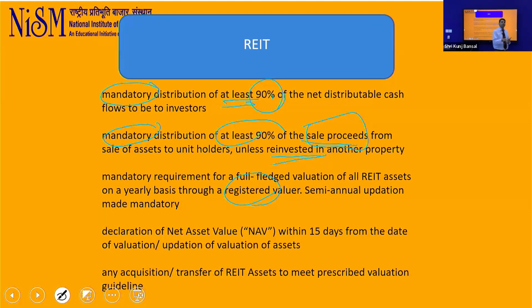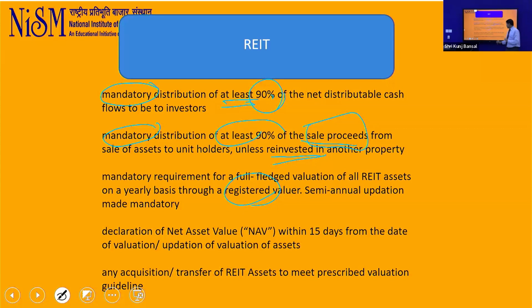The last REIT public issue which came in, just like if you apply for a public issue of equity shares of any company, the minimum investment is 15,000. Even to apply in the REIT public issue, the minimum investment required was only 15,000. To buy it from the secondary market, the minimum investment required is only 250, 300, 350 rupees.